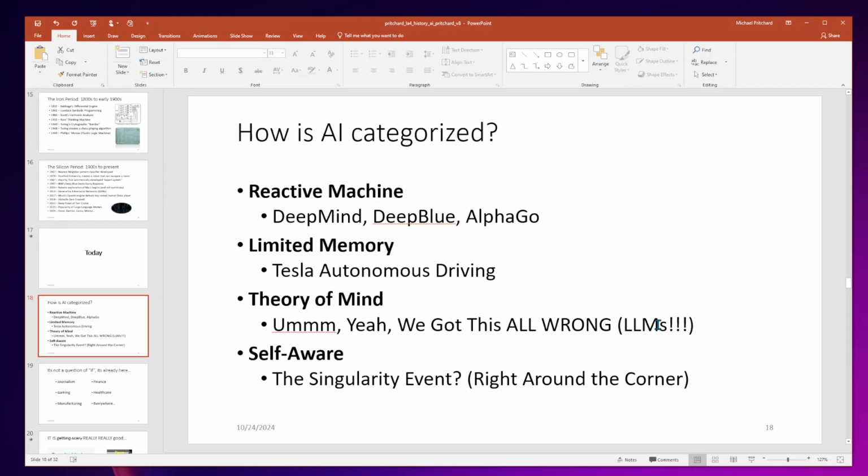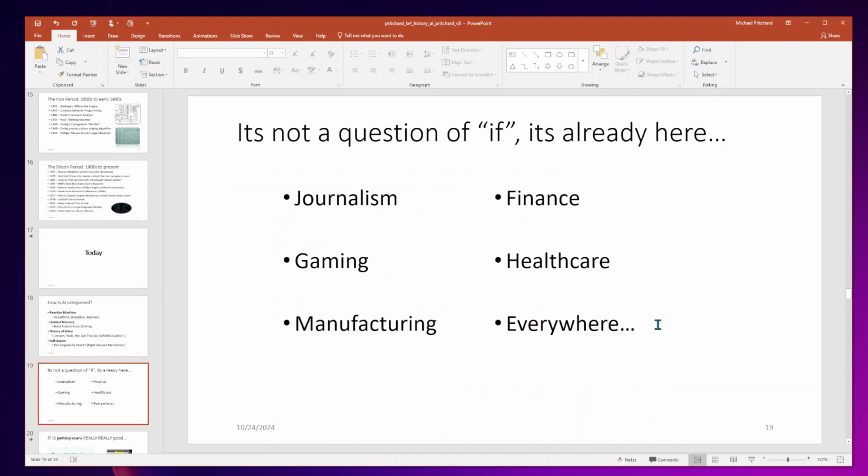Okay, so where are these used? Outside of the existential question of theory of mind and how we categorize it, the reality is we have large language models and they're pretty smart. They're smarter than any human on the planet right now.